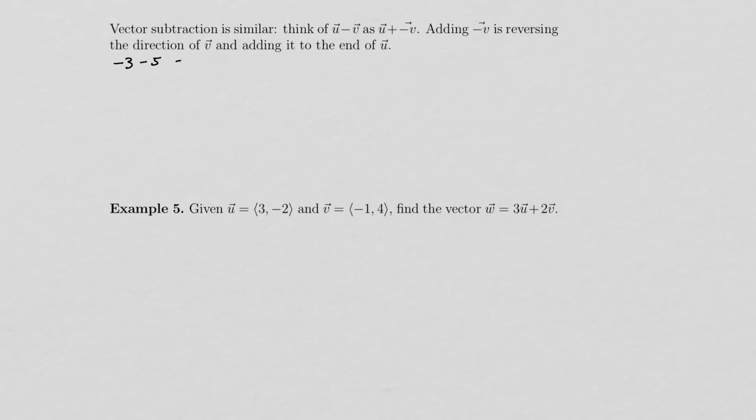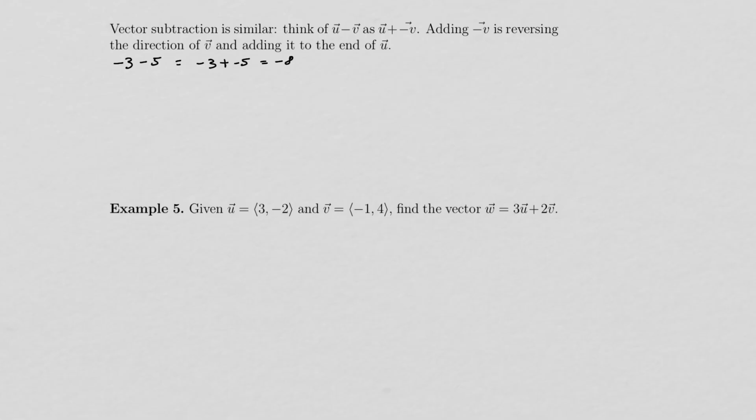We immediately turn that subtraction problem into an addition problem. We write this as -3 plus the opposite of 5, which is -5, and that gives us -8.